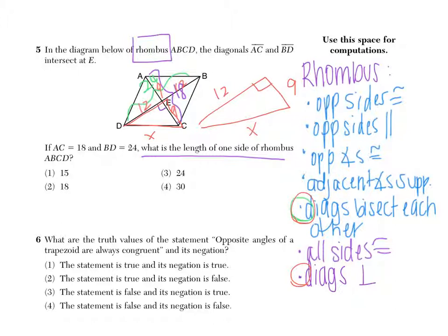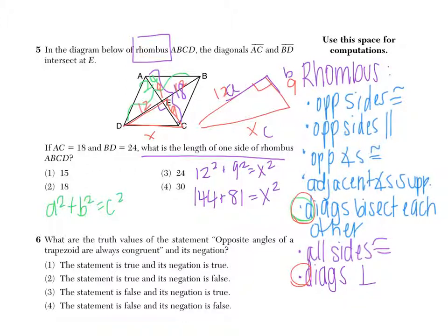So here I'm going to use a formula called the Pythagorean Theorem. A squared plus B squared equals C squared. A and B are always the legs right next to the right angle, and C is always the hypotenuse. So here we have 12 squared plus 9 squared equals X squared. 12 squared is 144 plus 9 squared is 81 equals X squared.